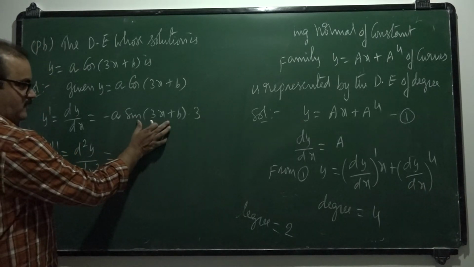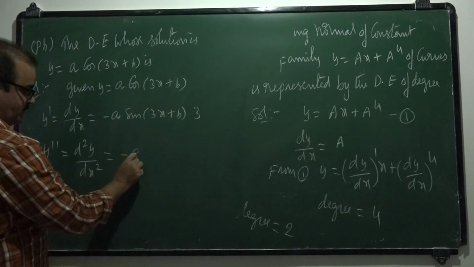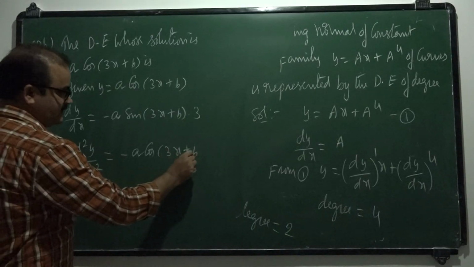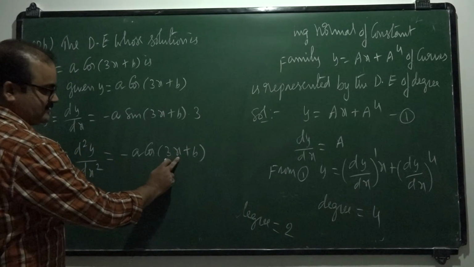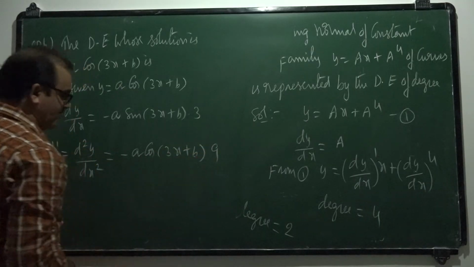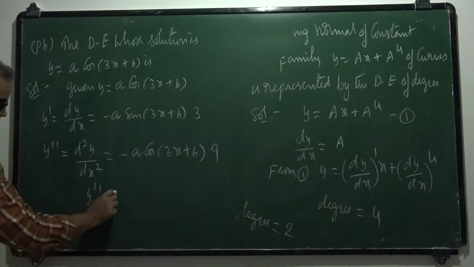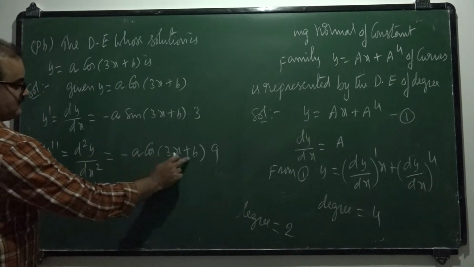It is in the form of sin x, derivative of sin x, cos x, cos 3x plus b into derivative of 3x plus b, that is 3. 3 into 3, 9. See here, y double dash is equal to, but what is a cos 3x plus b?